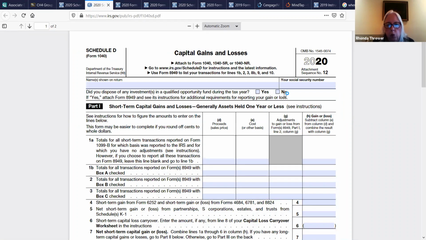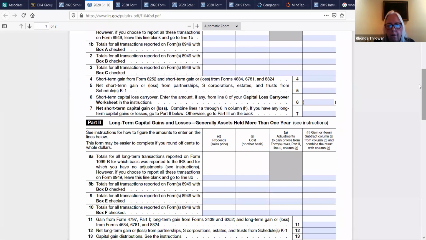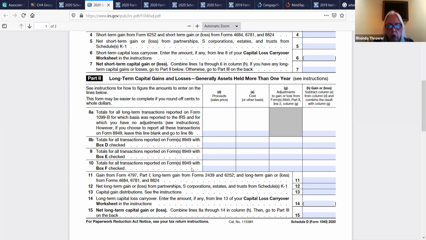And you fill in the name, of course, and the social security number. And on Schedule D, you have to complete 8949 really before you can do Schedule D, because it has information on it that's needed on line 10 of this Schedule D. So what we're going to be doing is showing the sale of our home in this box right here for the sales price of the home.